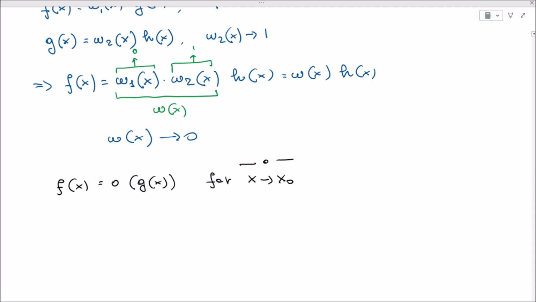And now we have that h of x is asymptotically equivalent to f of x for the same x that tends to x naught. Then we would like to conclude from these two that h of x is equal to little o of g of x.